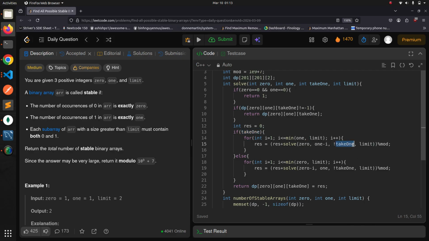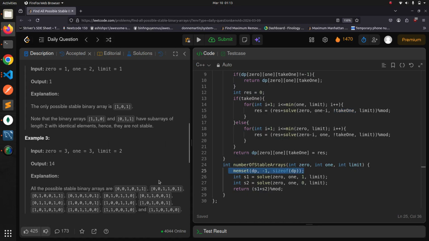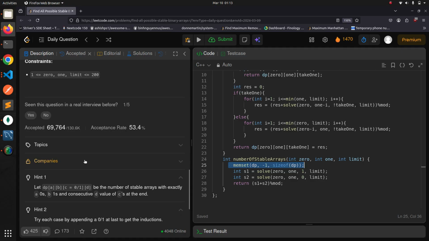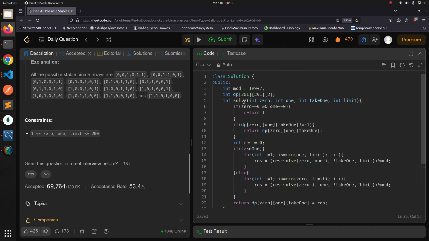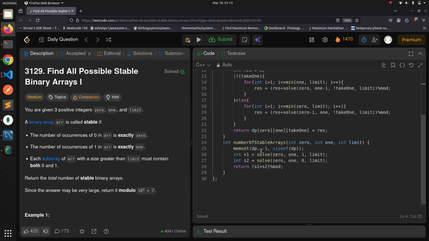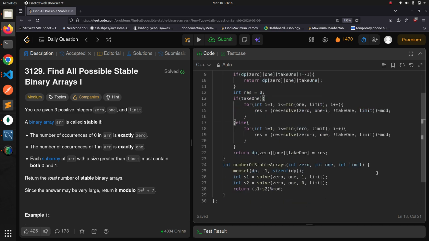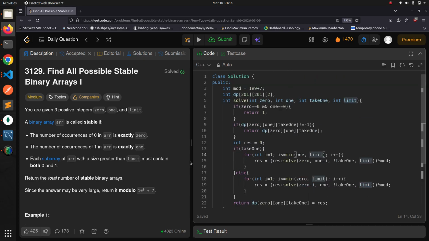Simply, this is the condition here, but this solution will give a time limit exceeded, so we are using a DP array, and the maximum size of zeros and ones will be 200, so we will take 201 by 201, and for take 1 we have only two values, 0 and 1, so we are initializing a DP array here with -1. We will check if DP of zeros, ones and take 1 is not equal to -1, we will simply return it, else in the end we will just fill its value. So it's memoization code here.